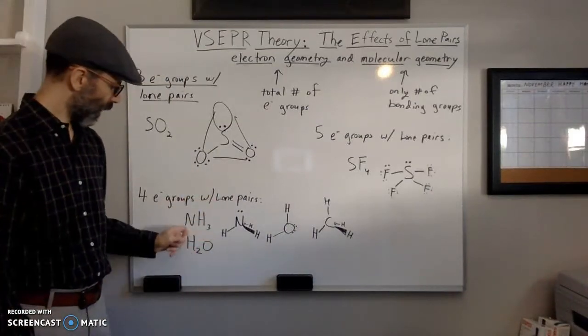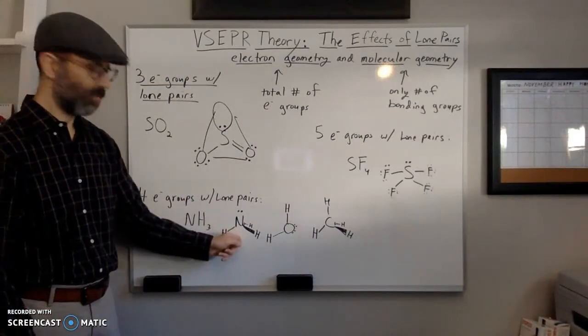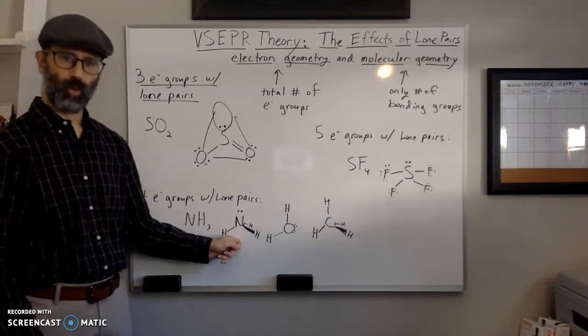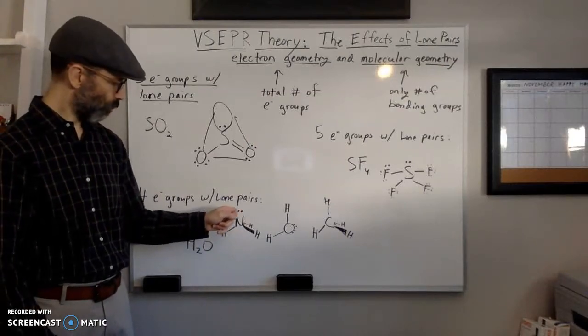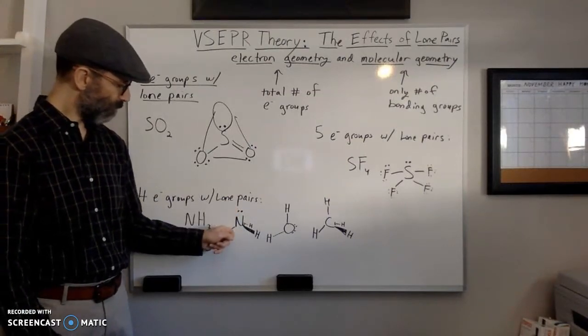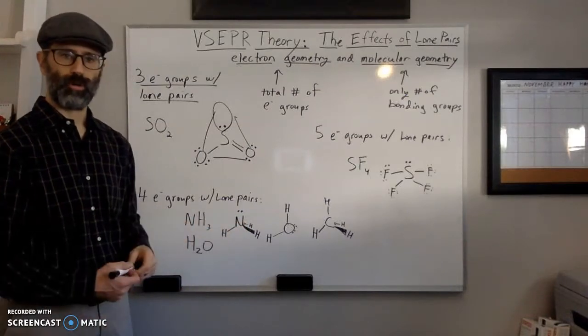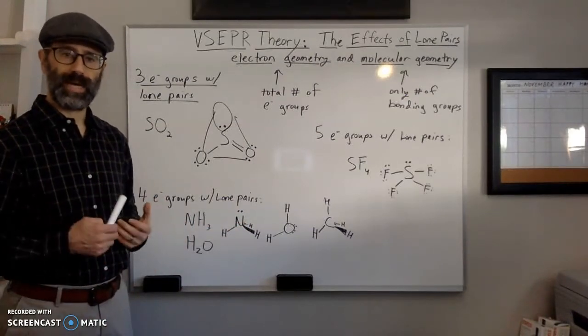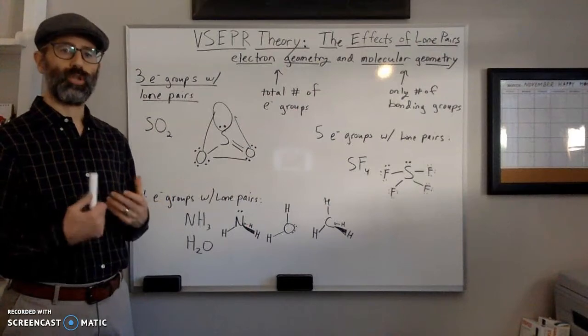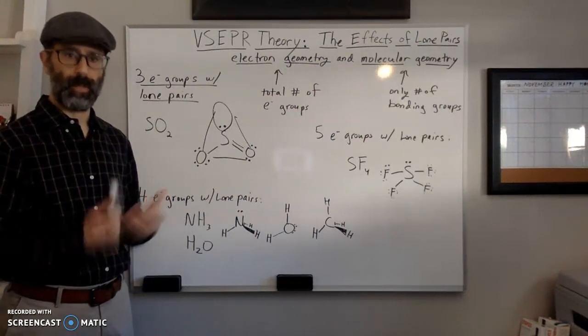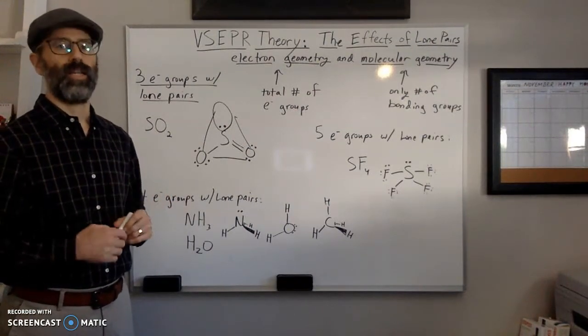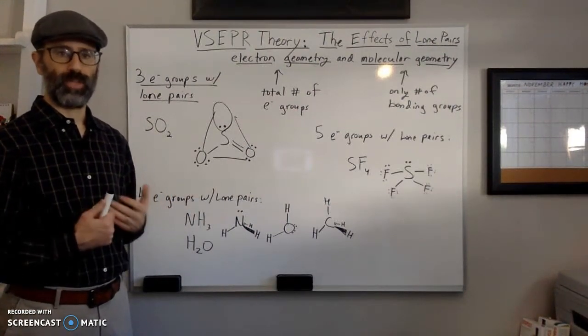So here I have ammonia and water. You'll see ammonia has 4 total electron groups. I have 1 lone pair and I have 3 bonding groups, so I have a total of 4 groups. Once again, because you have a total number of electron groups, bonding and non-bonding, the electron group geometry is going to be tetrahedral.